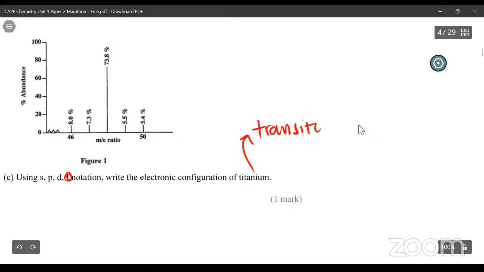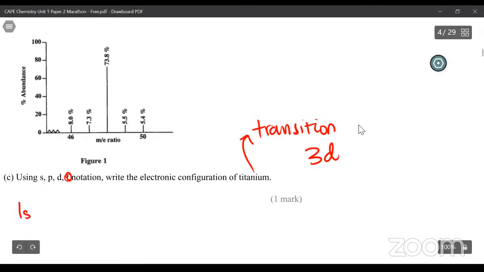So it stops at 3d. And ensure that you know the definition for a transition element. It will help you to make your deductions when they ask you questions to state trends, pick up on stuff like that, okay?